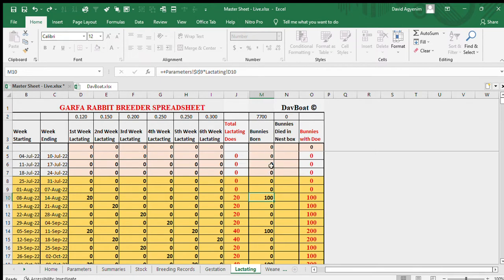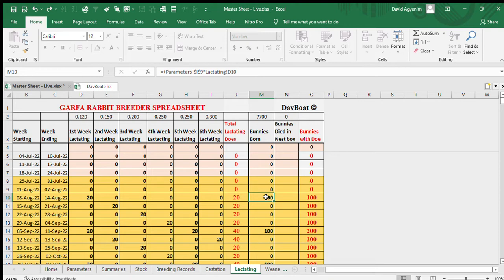You see this 100 here is taken from the parameter sheet: the average litter size and the number of does giving birth at this time, the 5, is giving you 100.